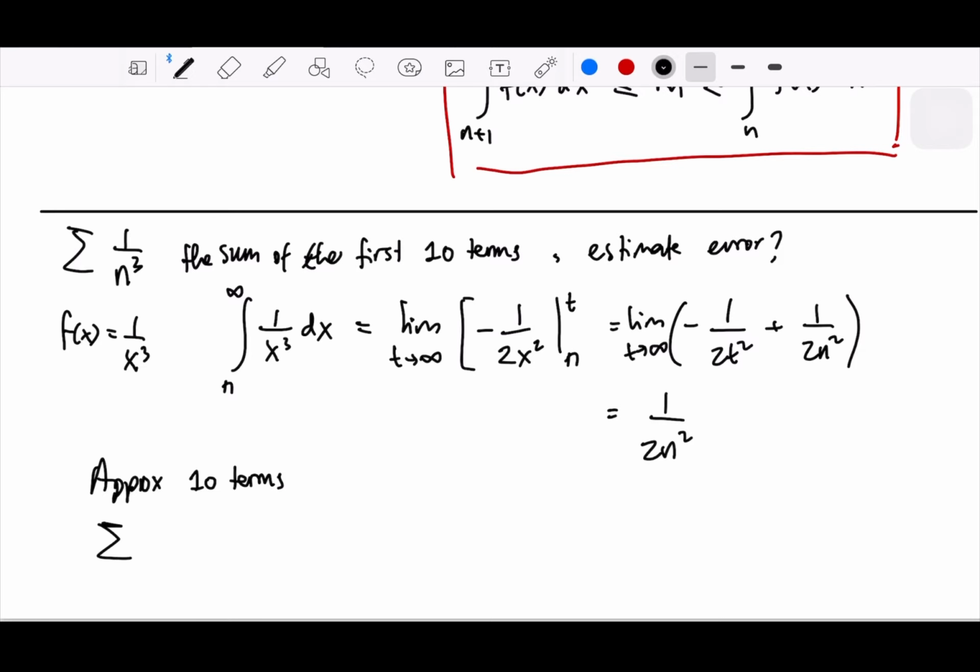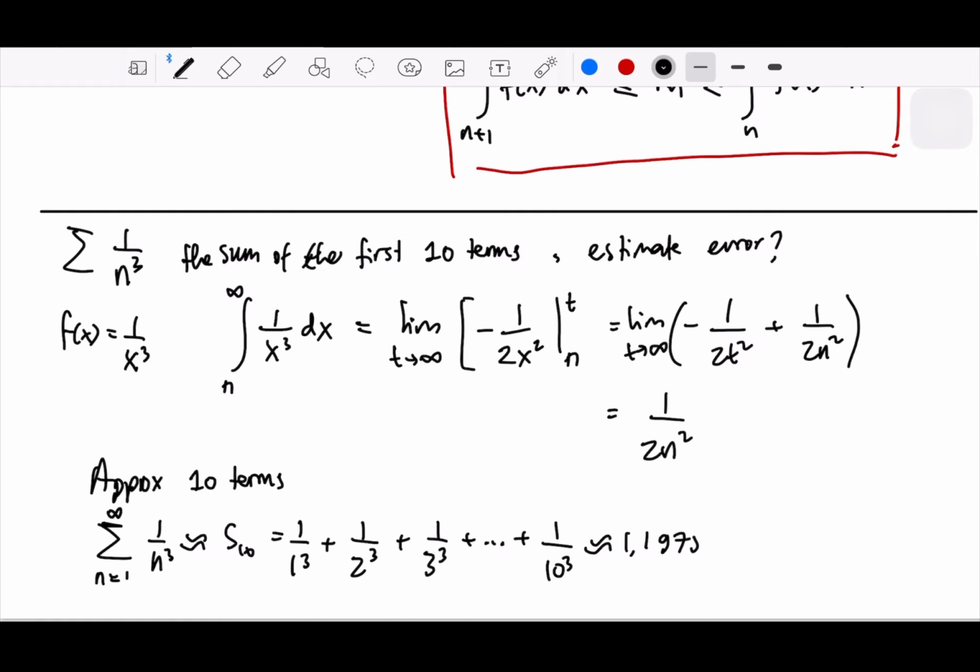Now if we want to calculate the series itself, we can directly use the partial sum for n equal 10, taking this manually or using a calculator. This results in 1.1975.